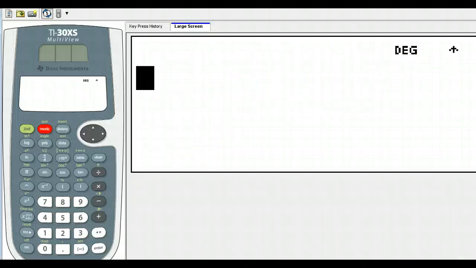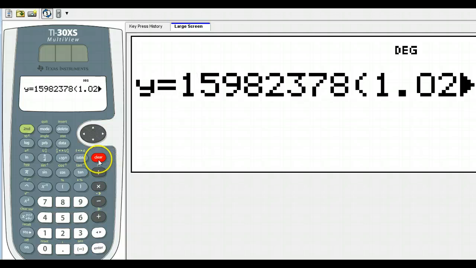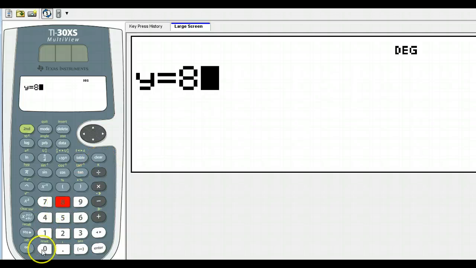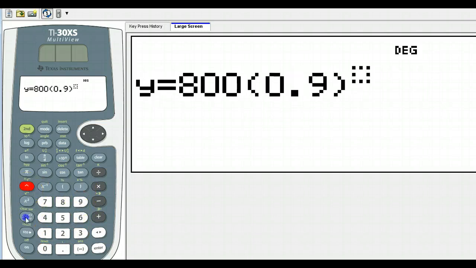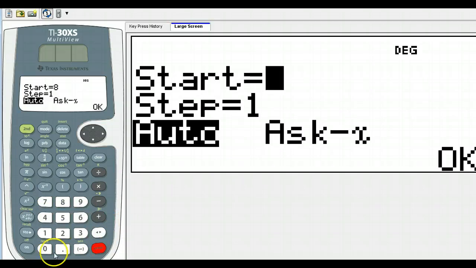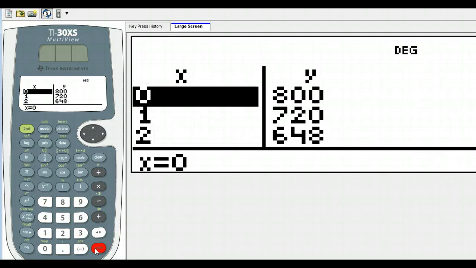So hit the table button on your calculator, clear out anything in there, and type in your model. So we have 800 times 0.9 to the x power. We don't have a t, we'll just use x. Hit enter. Go ahead and just start at 0 for now, just so we can see what's going on.